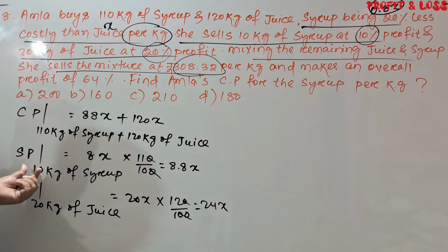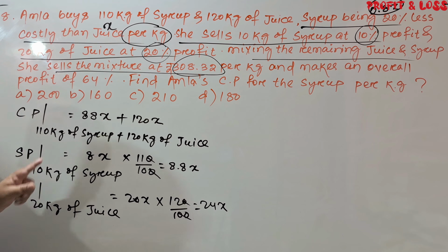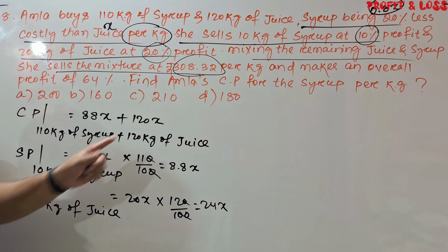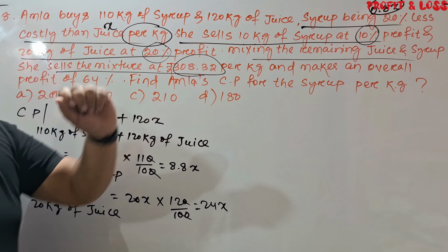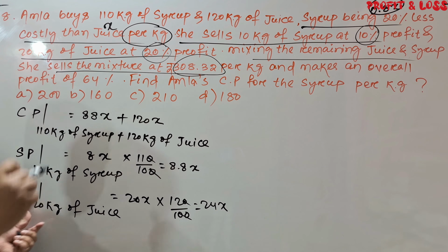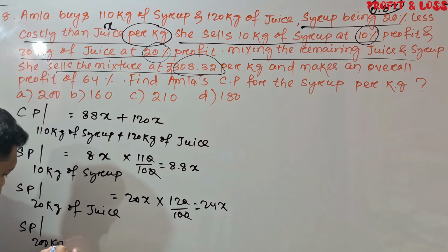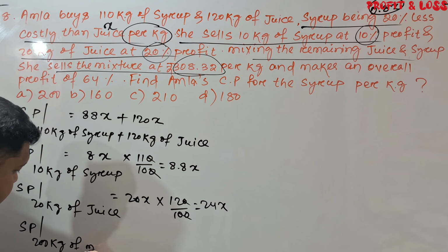Okay. She sold 10 kg. Total he buys 110 kg of syrup. Sold 10. Remaining is what? 100 kg. Similarly, she buys 120 kg of juice. Sold 20. Remaining is 100. 100 plus 100, 200. The selling price of 200 kg of mixture is equal to what?